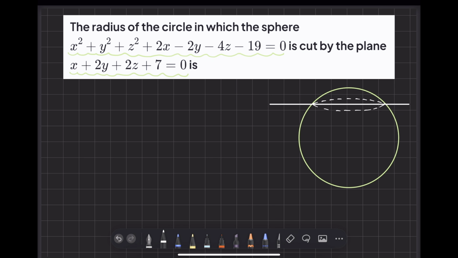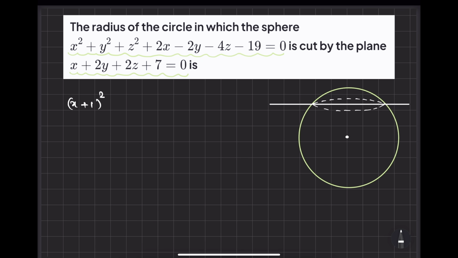Now first we will find out the center of the sphere because we are not comfortable with this equation. I have a problem with 2x, so I will club x square and 2x. You know that x square will become a square and 2x will become plus 2ab. So can I write x plus 1 whole square?